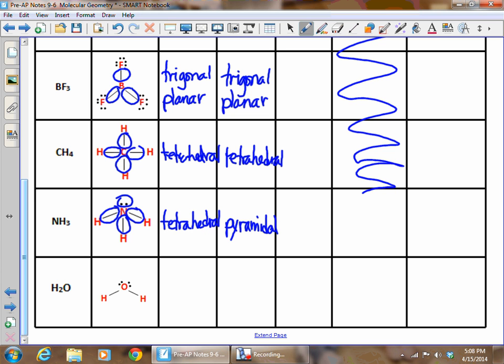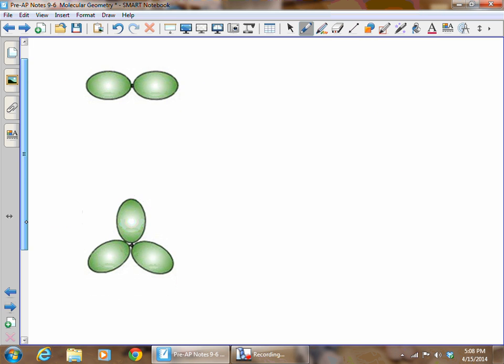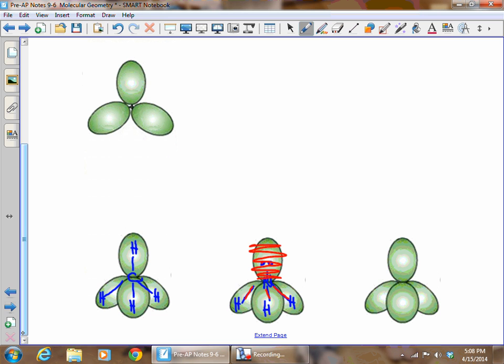The next one, H2O. Once again, we've got 4 pairs of electrons around. It's going to have that tetrahedral shape, but this time there are 2 lone pairs of electrons. So look at this structure again. We've got the oxygen in the middle. We've got hydrogen, but this time some lone pairs.